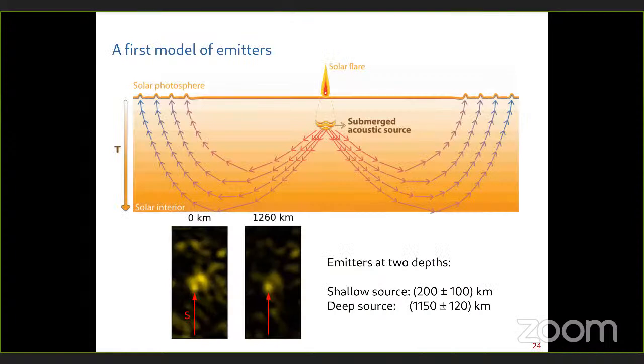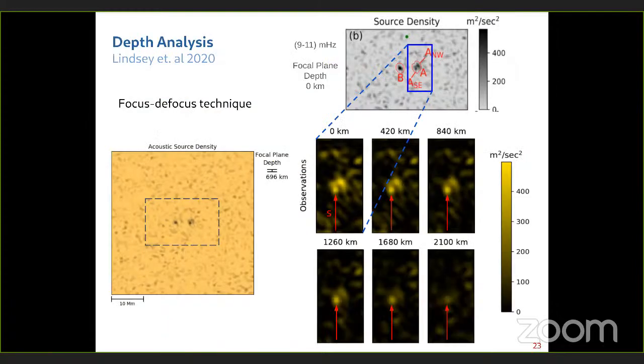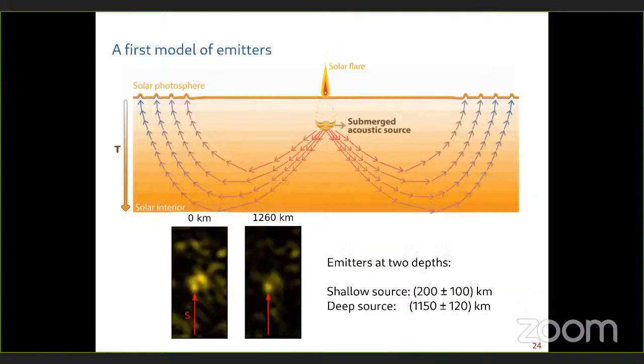No. What we have done here is just make a simple model in which, since we observe from the focus technique that there are 2 sources embedded in the solar interior, one shallower and the other at a deeper depth, we consider the sources to be located in just thin sheets, in planes in the solar interior.